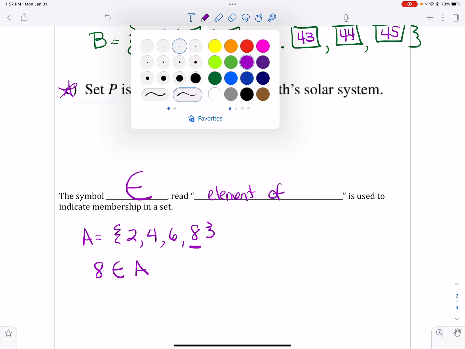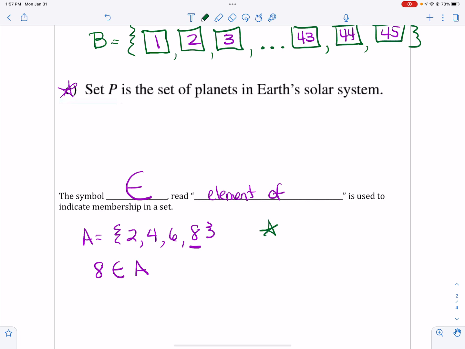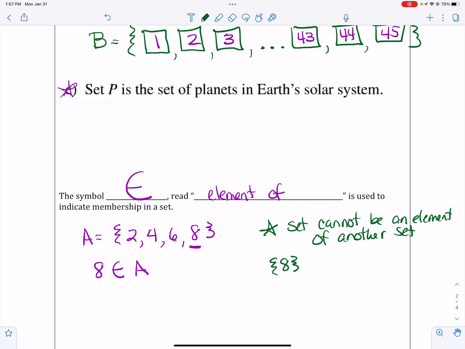What you have to be careful of is this right here. A set cannot be an element of another set. So if they put something like this, 8 in braces, that means it is the set {8}, which is not an element of A, because A is the set 2, 4, 6, 8, and {8} is a set.